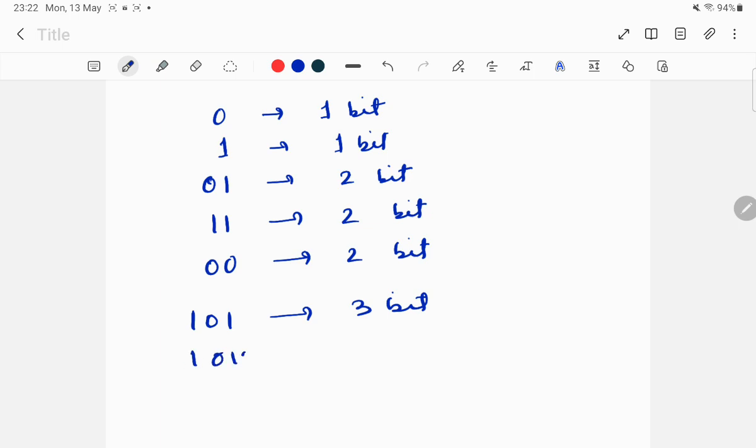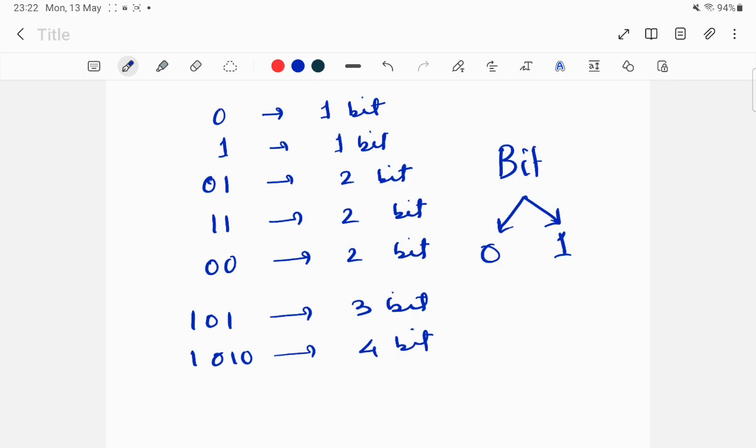If you have 1010, it is 4 bits, like that. So whenever we give an input as 0 or 1, it will occupy 1 bit.